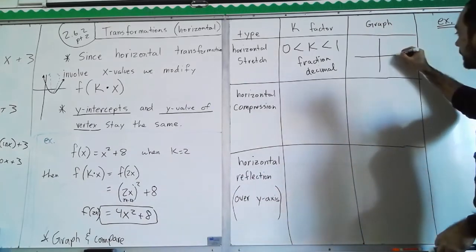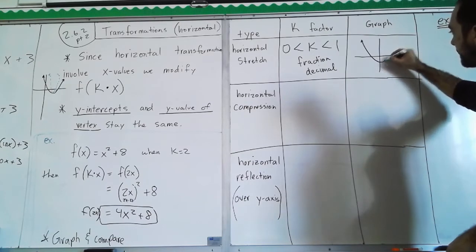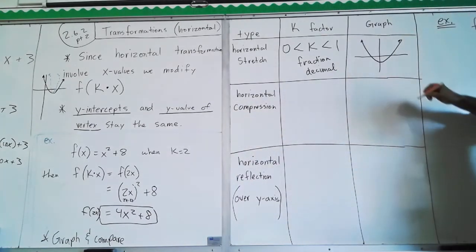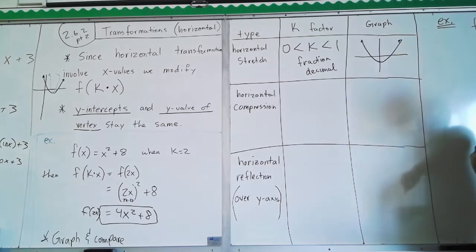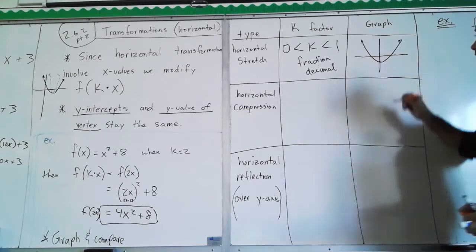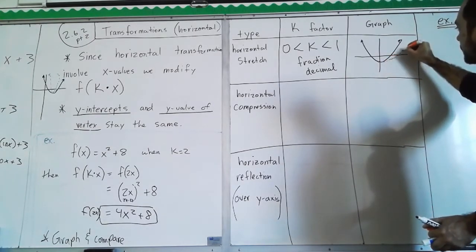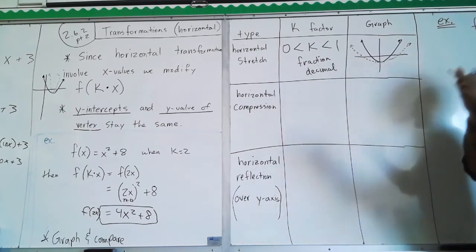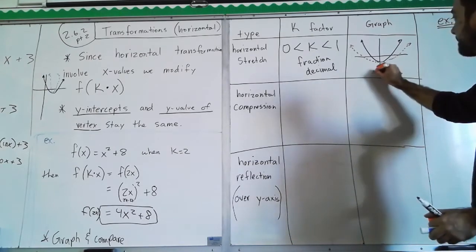We know that if we had, say, a function like this, let's go ahead and put it in orange. We know that we're going to have the same y-intercept. It's not going to go through the same x-intercepts because it's being stretched or compressed. So what we'd end up with is something that looks like that. You see? It's being stretched along the horizontal axis. It stretches that way. Okay, stretches.